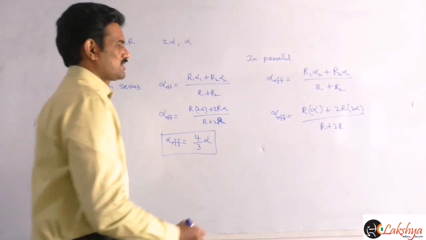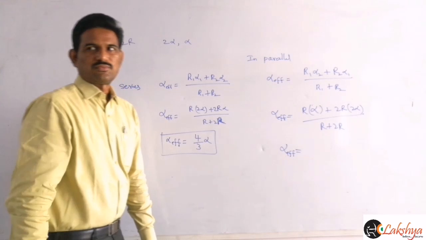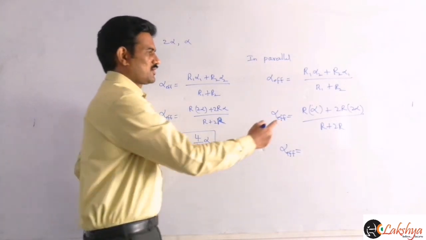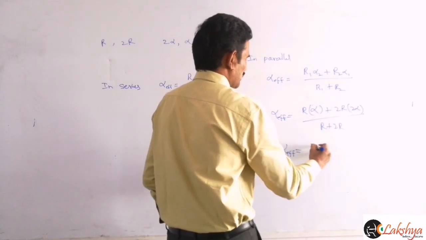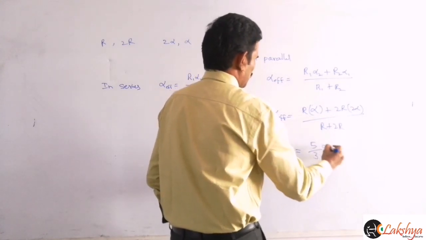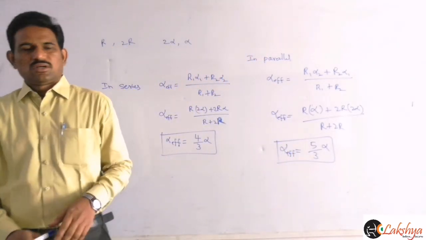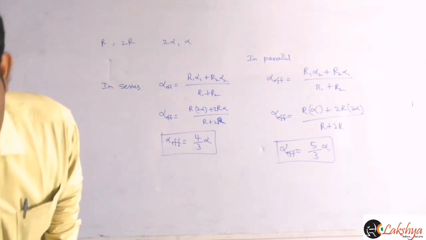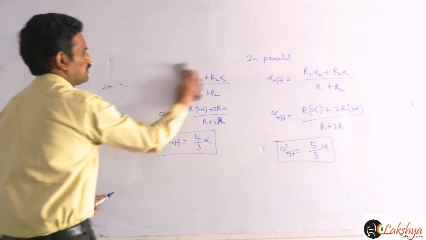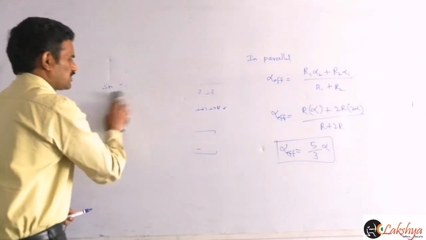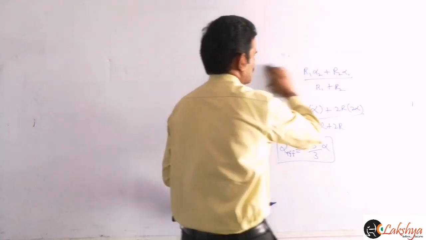We can simplify this as alpha effective is equal to alpha plus 4 alpha, so 5 by 3 alpha. So that is the effective temperature coefficient when they are joined in series and parallel. Like that we can simply apply that formula directly when the resistors are joined in series and parallel.